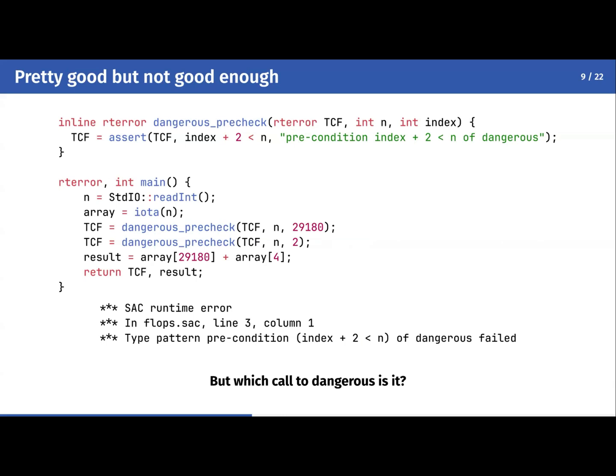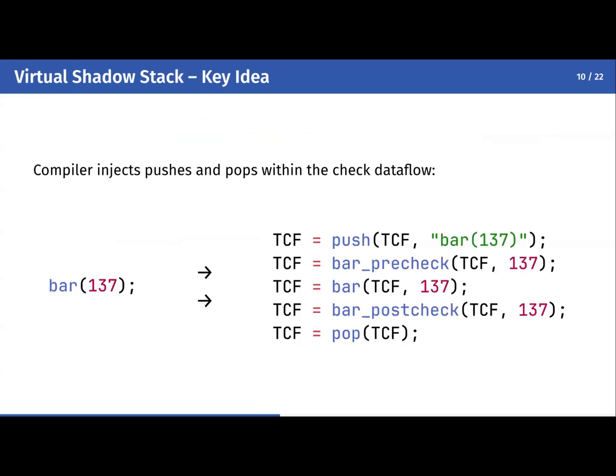And this combination of type patterns or these assertions with the stack trace is a really powerful tool to debug your programs. But how can you make a stack trace? I mean, all the function calls have been removed, right? There is no stack in memory to unwind.